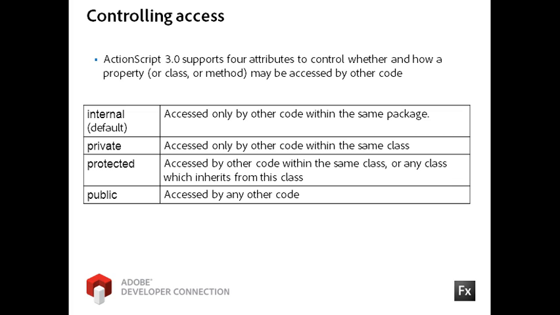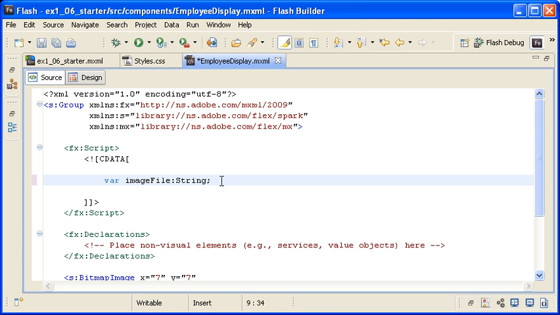Lastly, the public modifier defines that the property can be accessed by any other code. I want to be able to access this property from the main application, so I will set its access modifier to public. It is considered a best practice to always explicitly define the access modifier for all your class members.